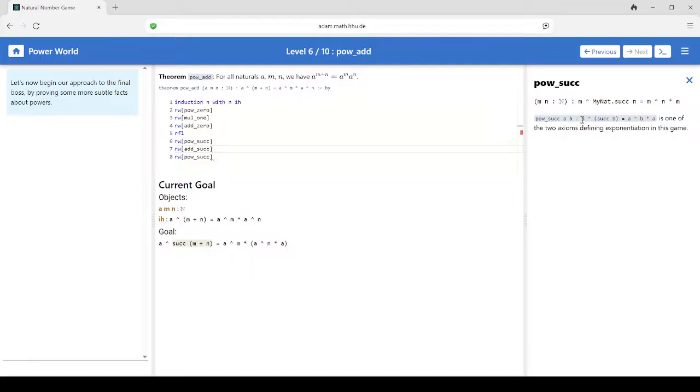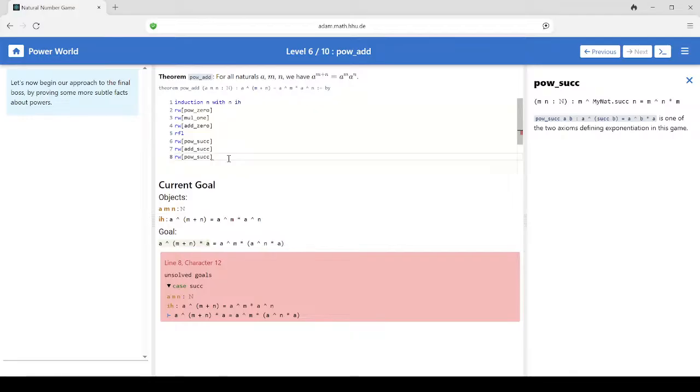And then we take that, a to the power of the successor of b. Yes. Okay, I'm not sure I have the brain power to fully comprehend what I just did, but I'm on the right track.